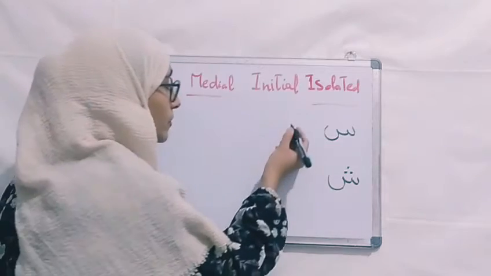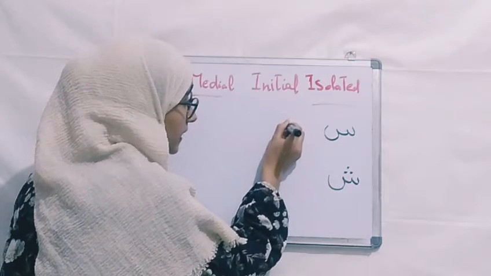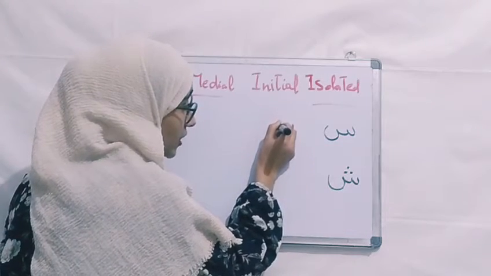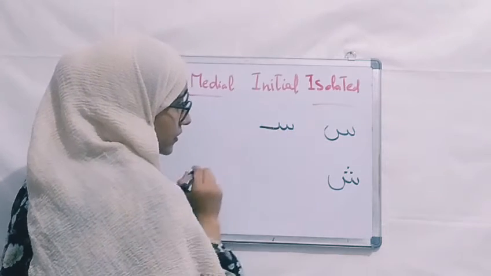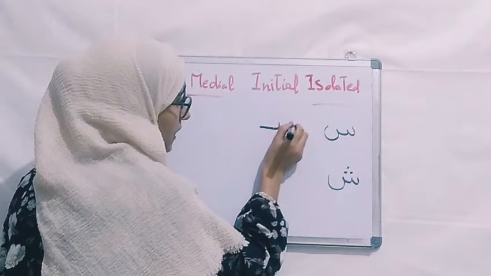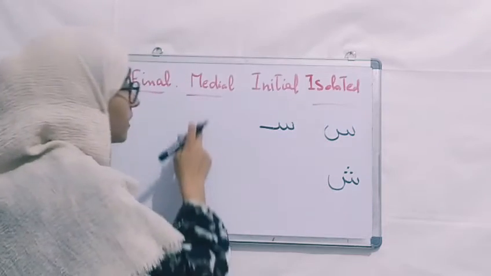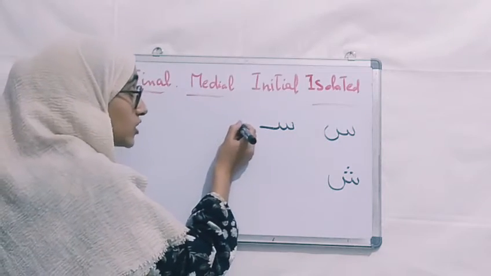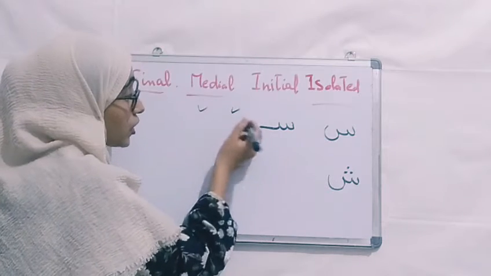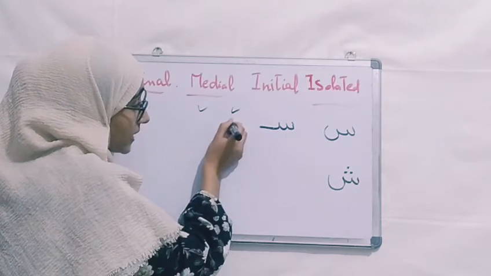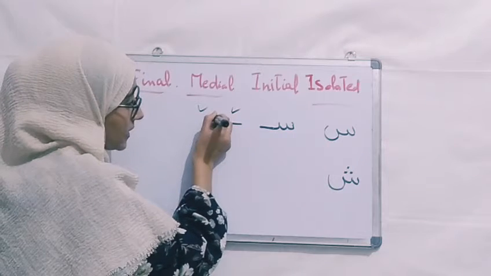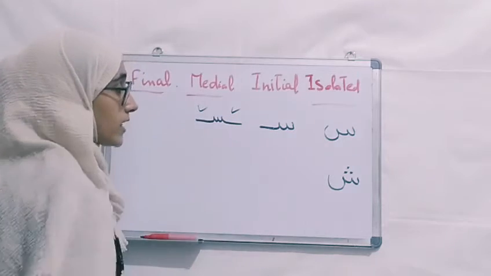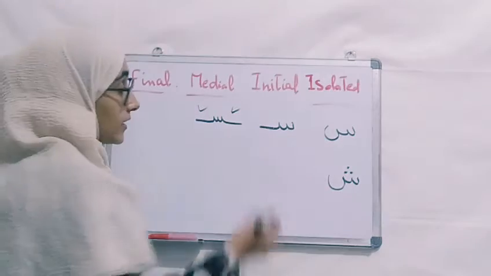In the initial form of sin, you write sin, and then you keep this straight line because it needs to be connected to other letters, okay? Because it's an initial form. And in the medial form, because it needs to be connected to before and after, you keep the connecting line, then write sin, and then you keep this straight.